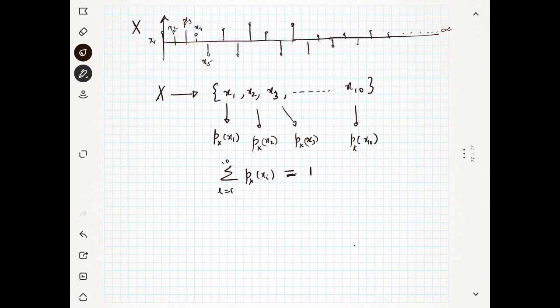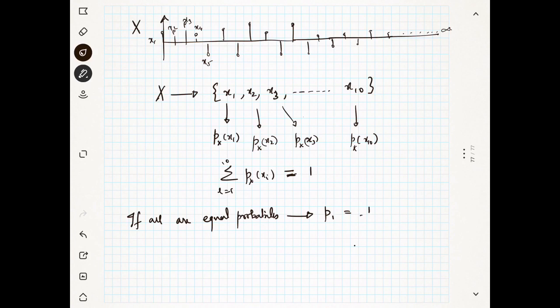Actually, suppose all these probabilities are equal. Then what will be p1? There are 10 samples here, there are 10 values for the random variable x.